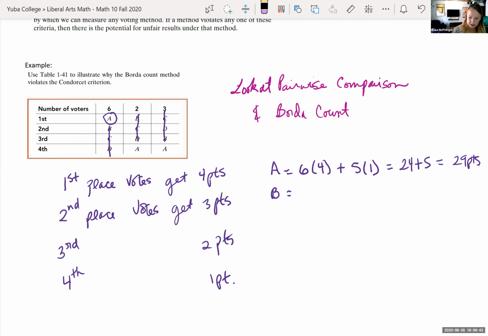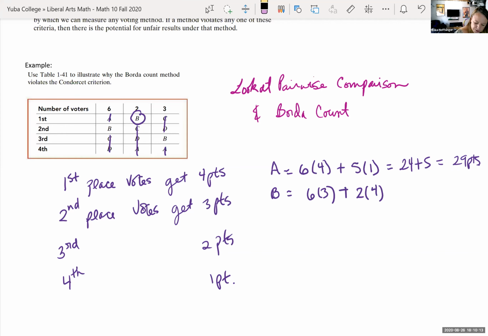So B. Okay, so B, they got second place here. And so second place, do they get second place anywhere else? Nope. Okay, so second place, that's 6 people, and that's only 3 points. They got first place here, which is 2 people. So 2 people, but that's worth 4 points per vote.